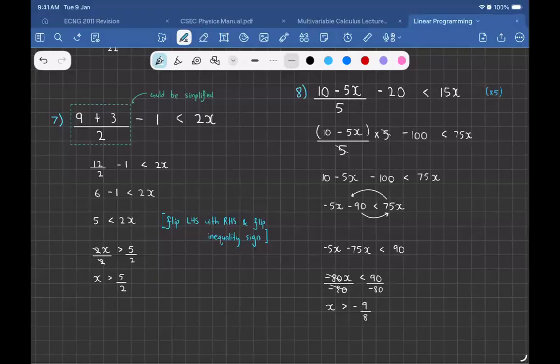Yes, intercept. What do we know about the x-intercept? That's Y is equal to 0. And what do we know about the y-intercept? That's X is equal to 0.